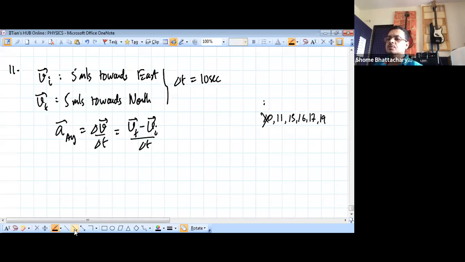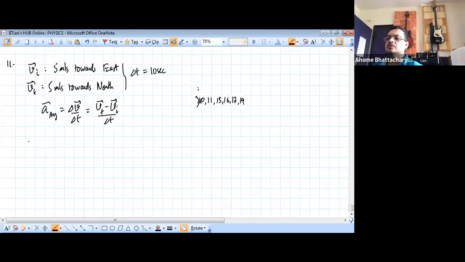Okay. So if we just make a geometrical vector diagram in which we take our geographical directions like this. This is north, this is east, west, south. So in this diagram, you can see our initial velocity will be pointing towards east. So that will be a vector like this. Let's say this is a vector of magnitude 5 meters per second pointing towards east.